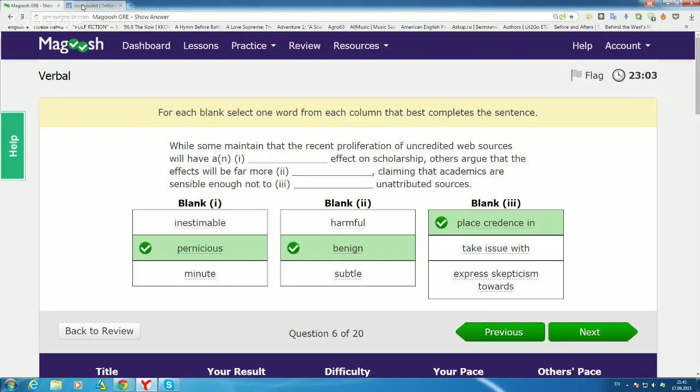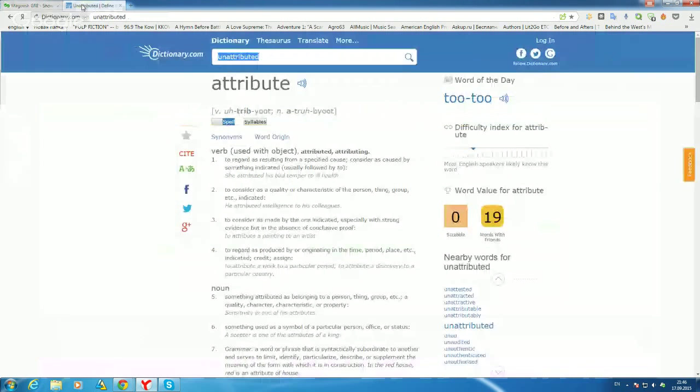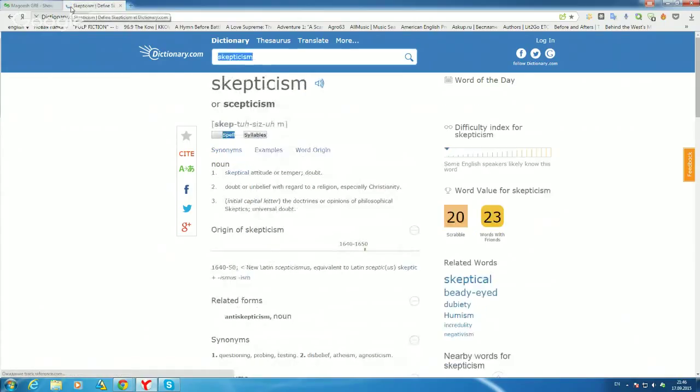Okay, go to your dictionary. Type it again. Erase it.